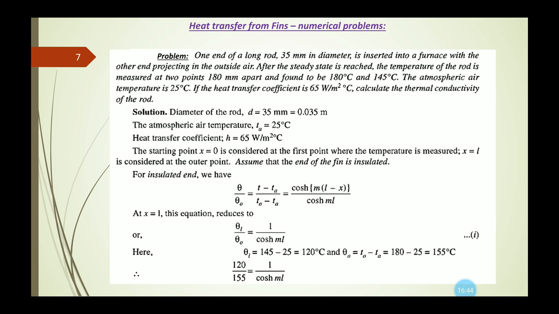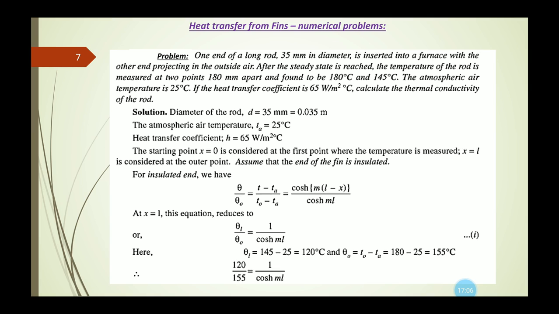The atmospheric air temperature is given as 25 degrees centigrade. If the heat transfer coefficient is 65 watt per meter square degree centigrade, that means the convective heat transfer coefficient is given as 65, then we need to calculate the thermal conductivity of the rod, that means the value of k we need to calculate here.